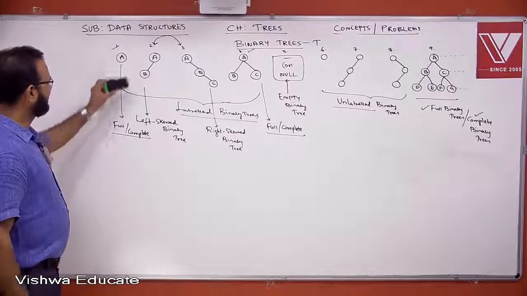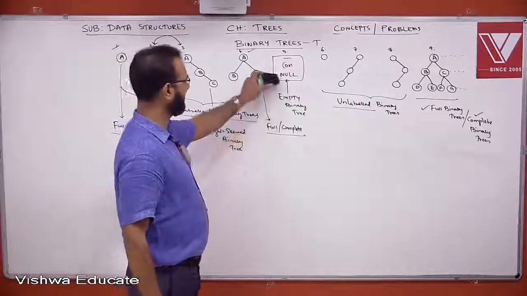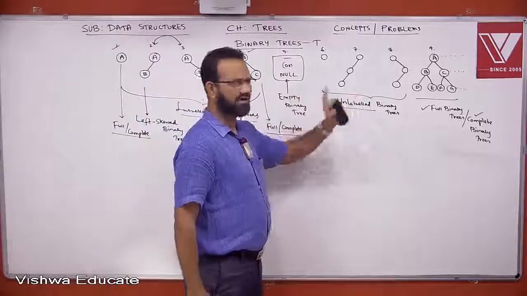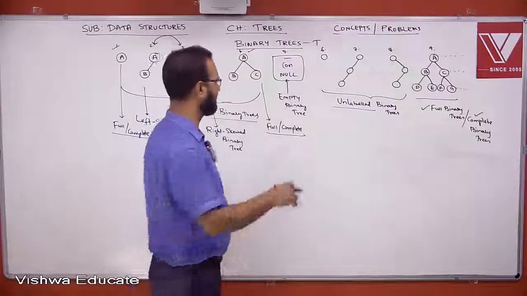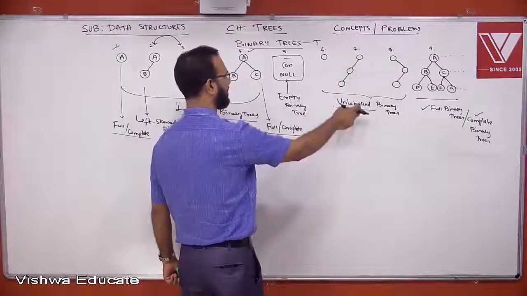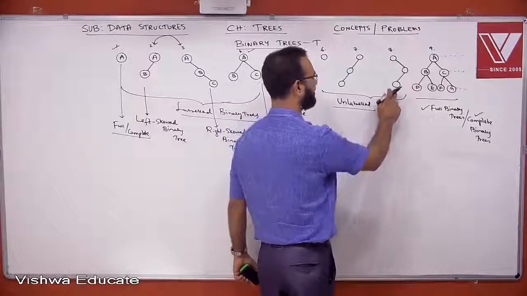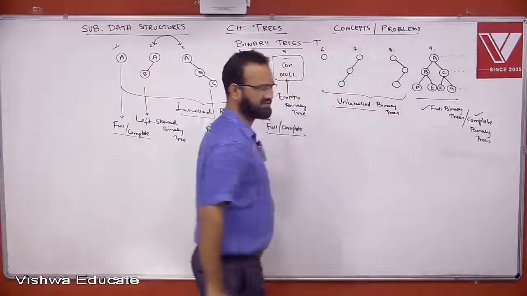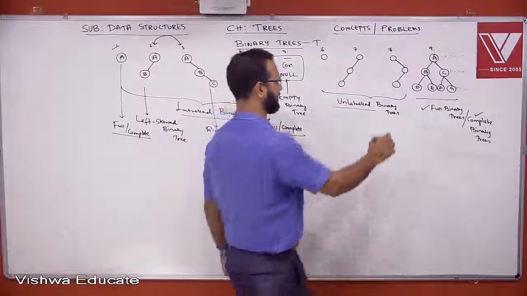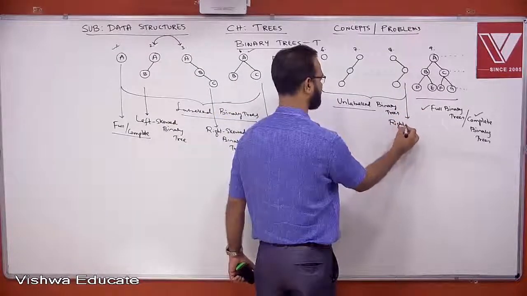Full or complete, left skewed, right skewed, full or complete, empty binary tree. Among unlabeled, this one is full or complete, and this one is left skewed. Among unlabeled, this one is not right skewed. You can't label this one as right skewed.